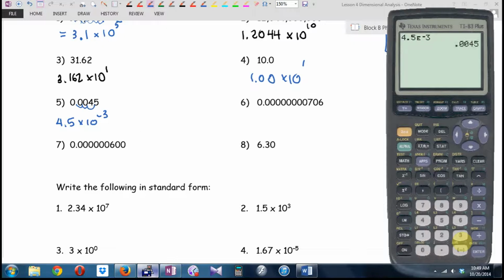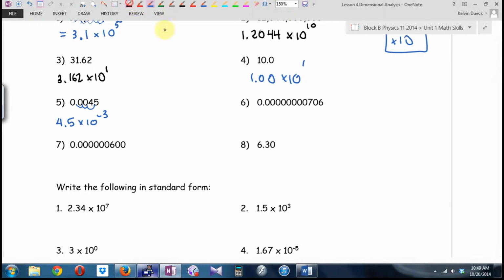Okay? 0.0045. 7, oh, that thing. Well, it would be 7.06 times 10 to the negative, what? 9, or is that a German saying no? 9? 1, 2, 3, 4, 5, 6, 7, 8, 9.